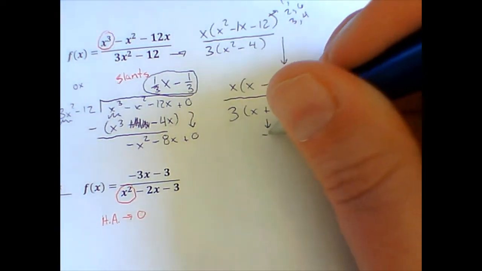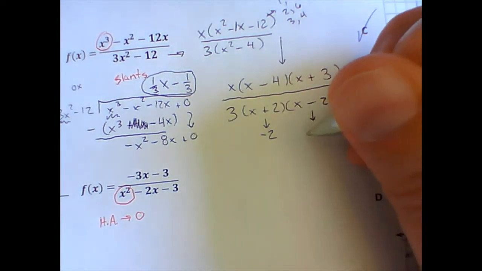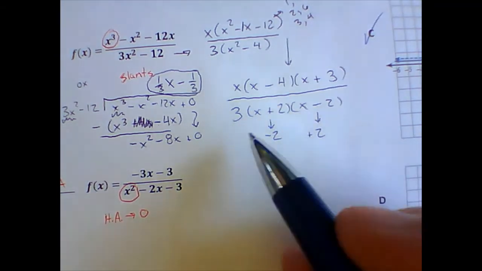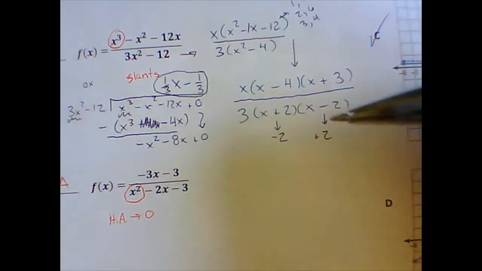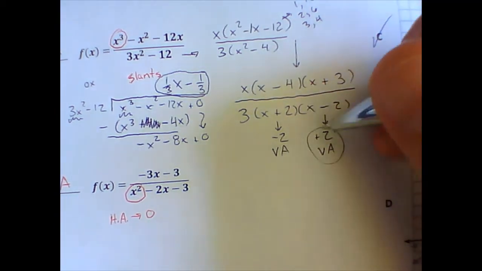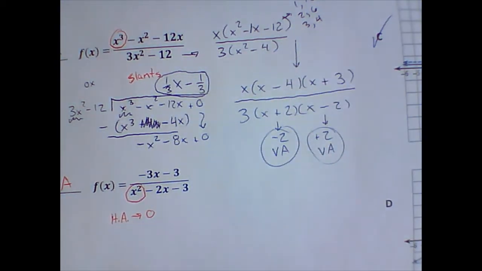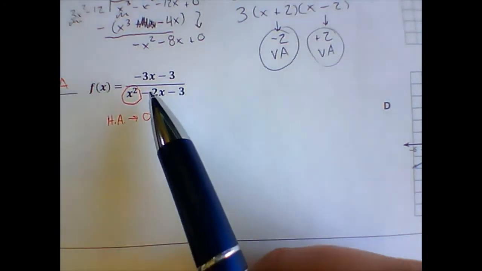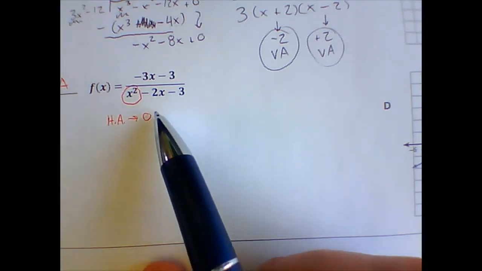Okay. Out of the parentheses comes a negative 2 and a positive 2. Nothing comes from the 3 in the front because there's no x in the front. It has to come from an x. Okay, and as for canceling, nothing's canceling. So those are both vertical asymptotes. And you can check this with the graph that, I think D was the graph we found. Yeah, so you can check and say, oh yeah, there they are.